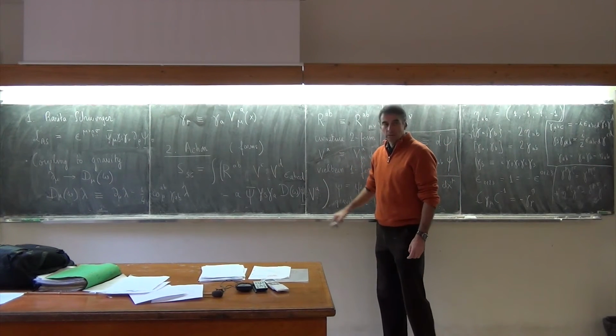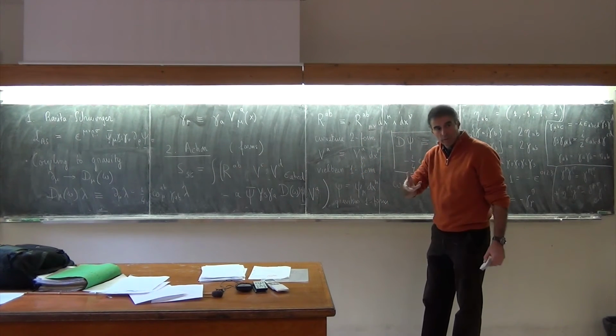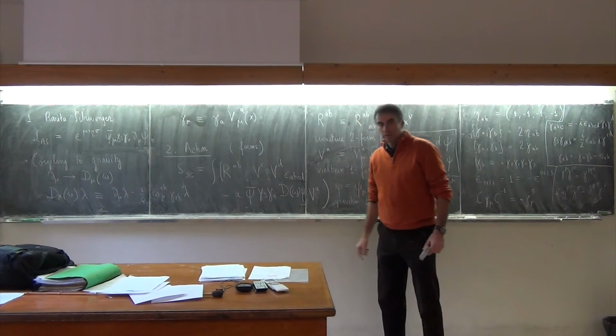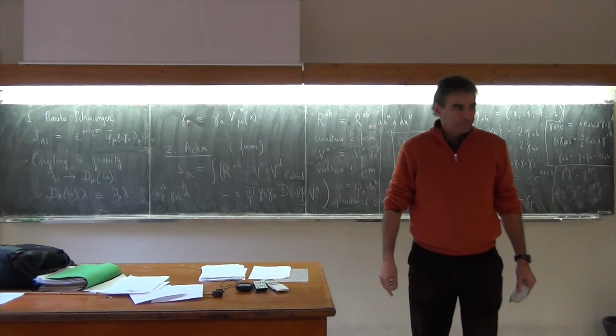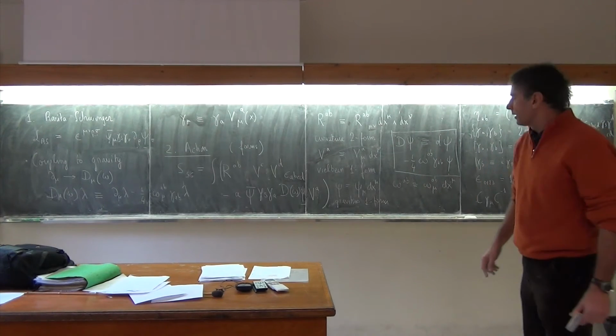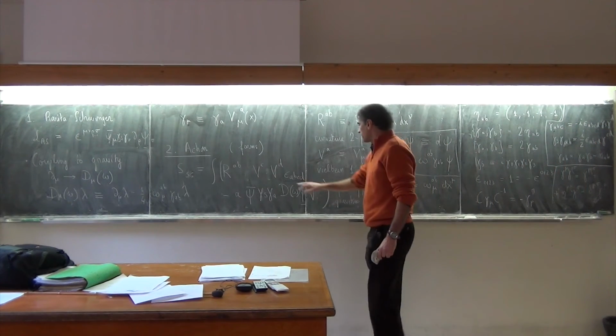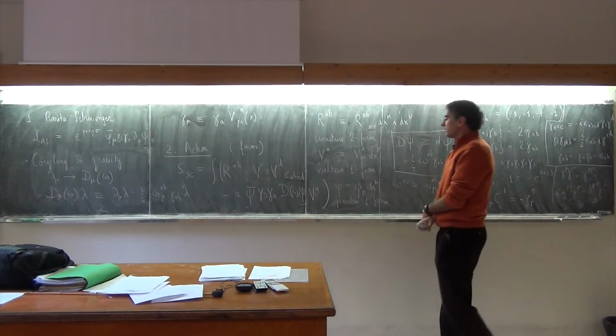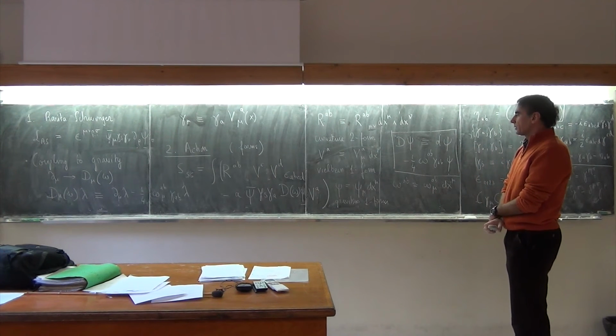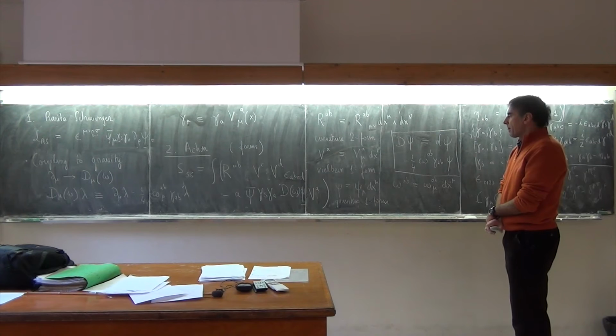Epsilon ABCD is a Lorentz invariant tensor in the sense that if you apply a Lorentz rotation to this, since Lorentz is SO(1,3), this is a conserved tensor, since the determinant of a Lorentz transformation is equal to 1.